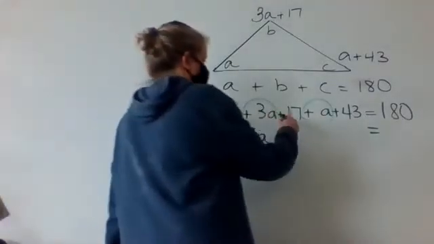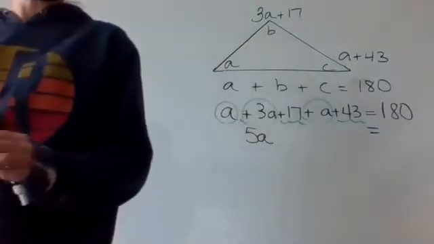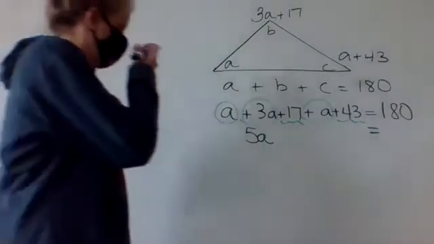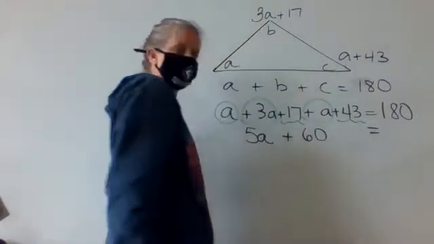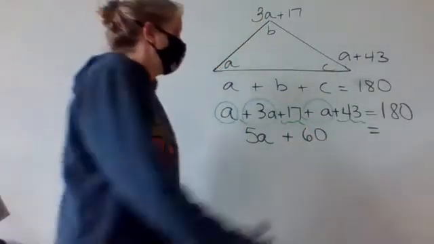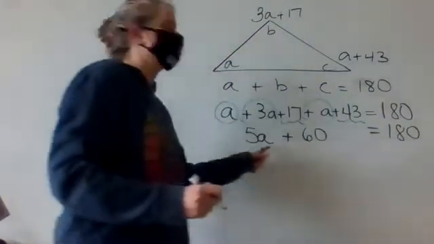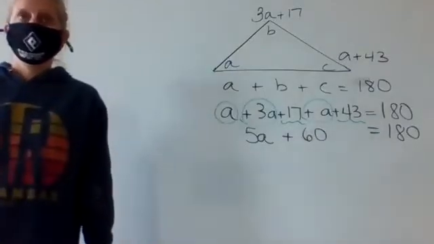I can also put the 17 and the 43 together since they're on the same side. So let's see. What is that, 60? Drop down the 180. So see what's happening is I'm getting closer and closer to figuring out what this A is.